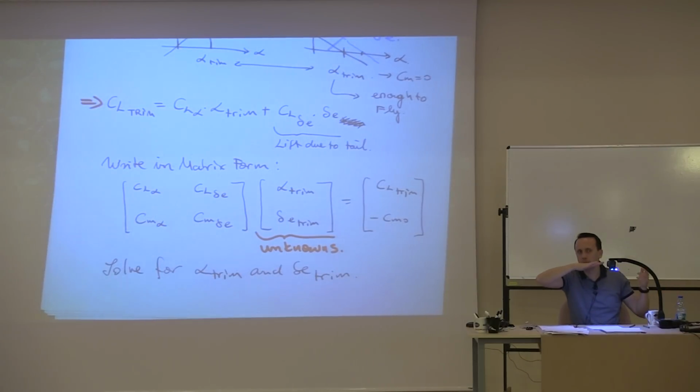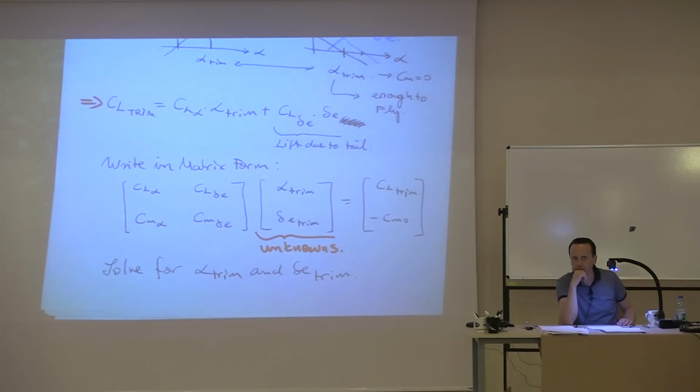Too much down, you will do the opposite. So the pilot kind of does it naturally, okay? And the pilot will automatically put the airplane into an alpha and into an elevator position, so that the airplane can fly forward in a constant trim velocity and constant trim altitude flight condition.